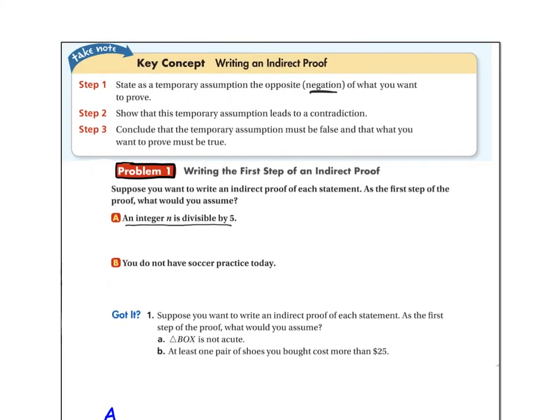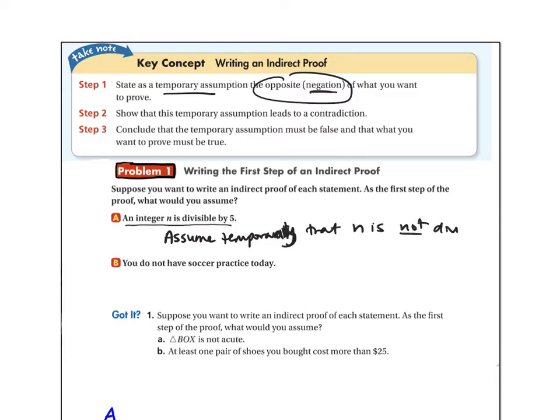The first step is to state as a temporary assumption the opposite of what you want to prove. So we would assume temporarily that n is not divisible by 5. That's the negation of it. If it's divisible by 5, the opposite of that is not divisible by 5. And that's all they want to know, step 1.